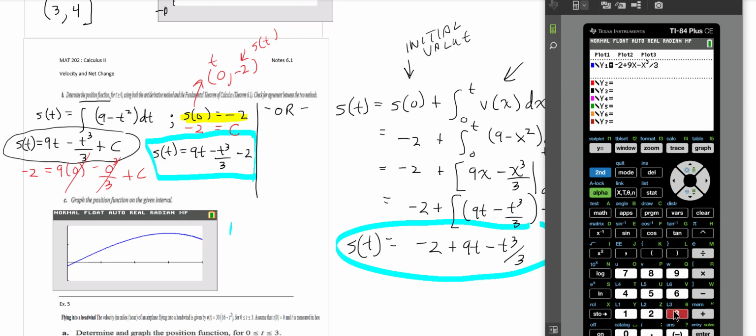Let's graph this. For a window, I'm going to go just 0 to 5, and I think I'm going to use -10 to 20. I'm going to try that and see if this works okay.